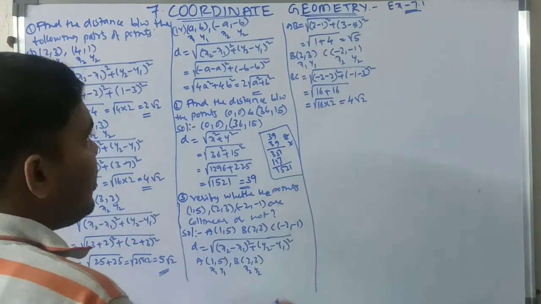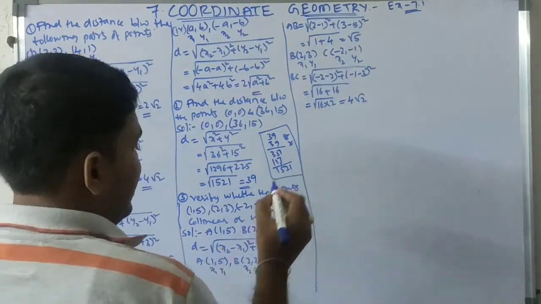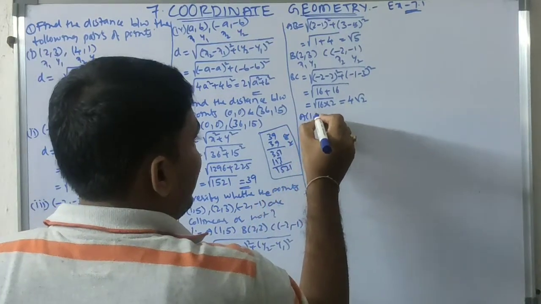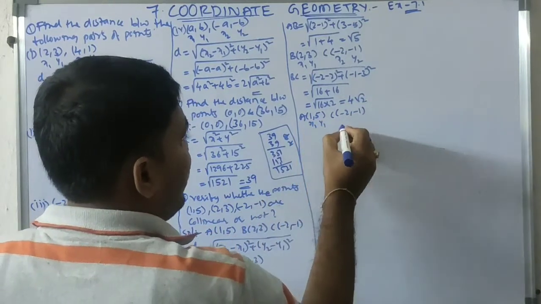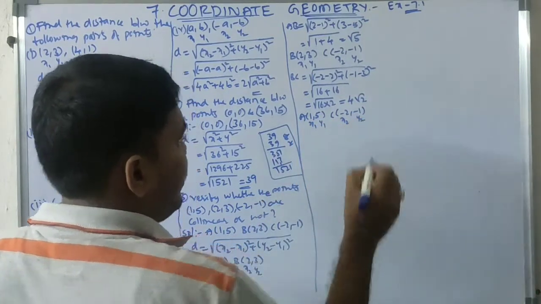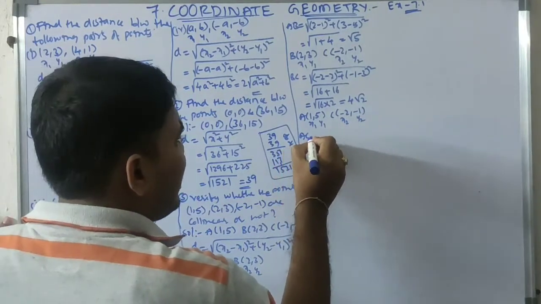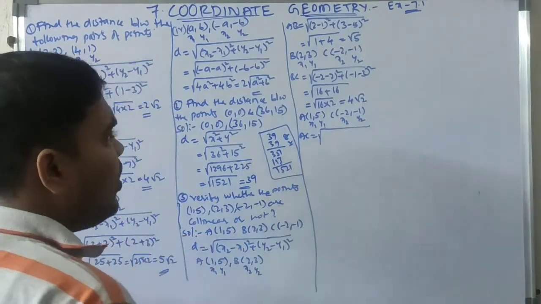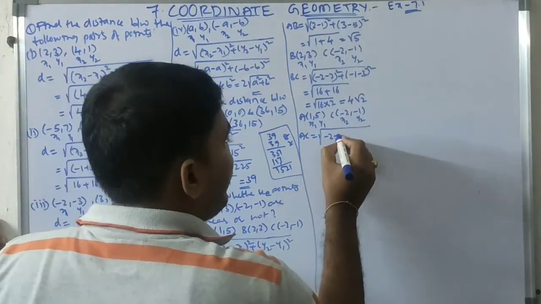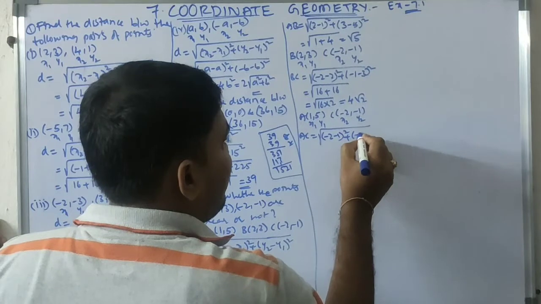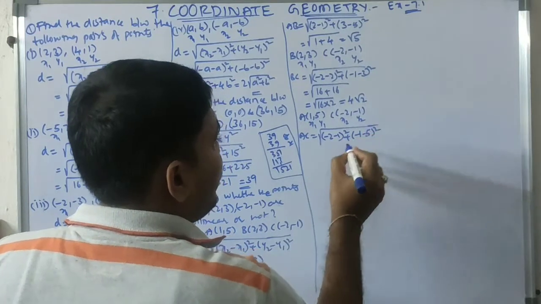Next, after this one, AC or CA. A (1, 5), C (-2, -1). x1, y1, x2, y2. AC under root. Again I don't want to write the formula, I already wrote it first. So (-2 minus 1) whole square plus (-1 minus 5) whole square.